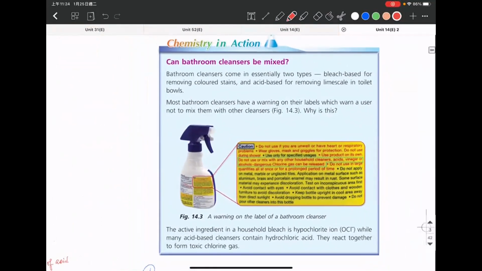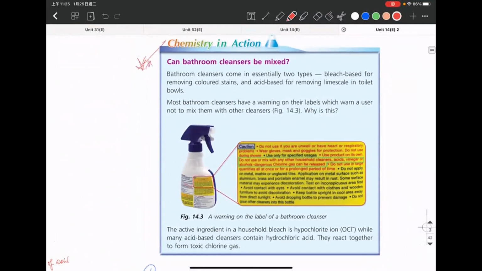Now, this is what I would like to draw attention to. Do not mix bathroom cleansers, for example chlorine bleach with toilet bowl cleanser. Do you know why? Toxic chlorine gas.